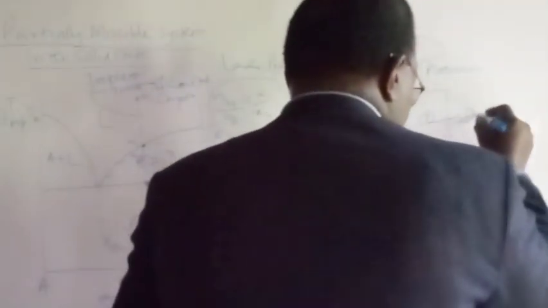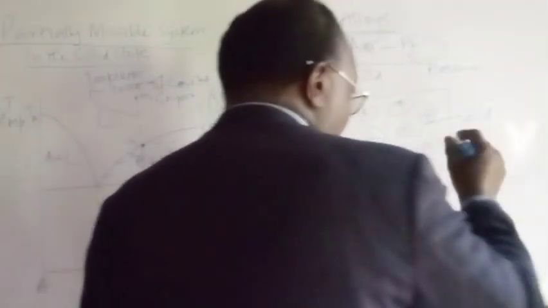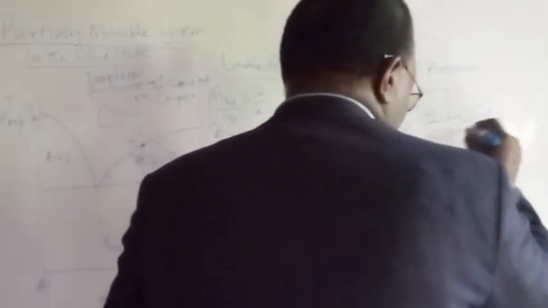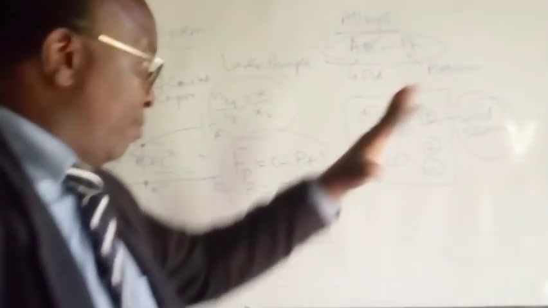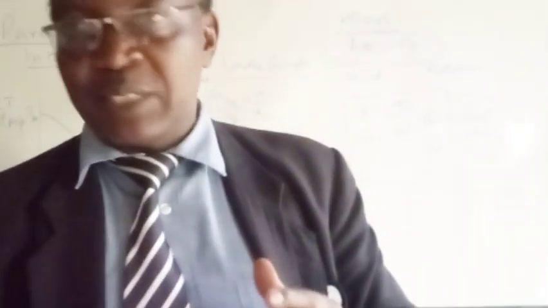They will all mix up. So we have a solid solution in that matrix there. So we have gold, platinum, gold, platinum. They are all mixed up. But you're not going to have gold separate out, or platinum separate out.